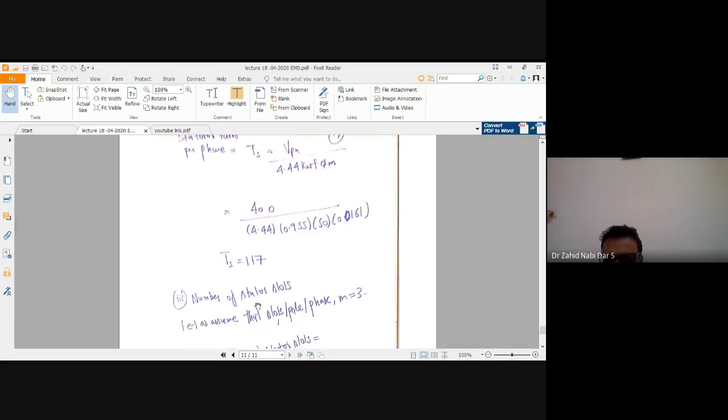Now one more thing it is asking is the number of stator slots. Let us assume that slots per pole per phase m is equal to 3.